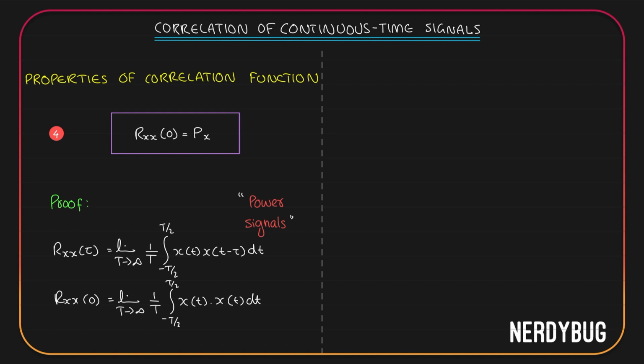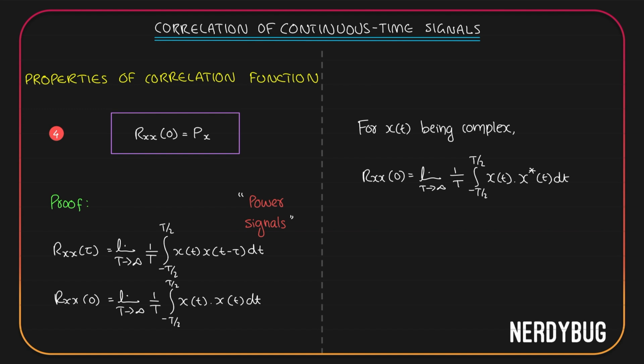dt. Let's do the generalization here also. For x of t being complex, we can write Rxx of 0 will be limit T tends to infinity 1 by T integral minus T by 2 to T by 2 x of t multiplied by x conjugate of t dt.